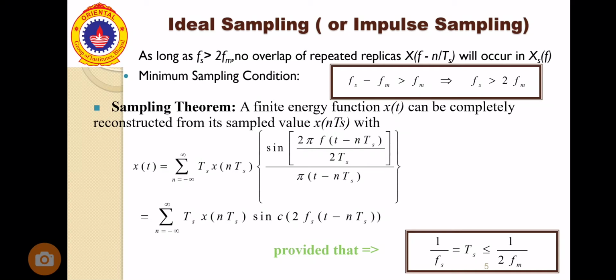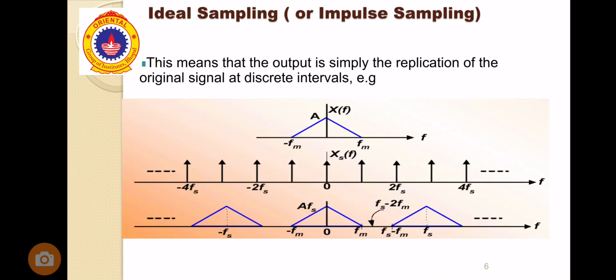That is, x(t) is the summation of n equals minus infinity to infinity of Ts x(nTs) sin x upon x, which is known as the sinc function, which requires that 1 by fs is equal to Ts, which is less than or equal to 1 by 2 fm.